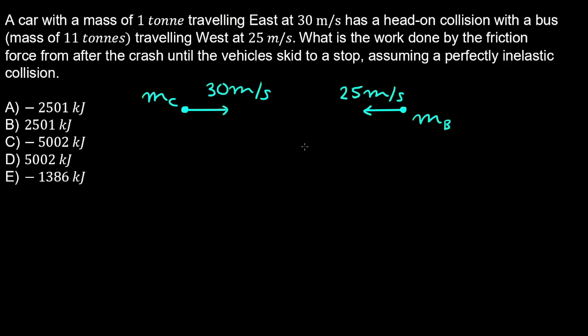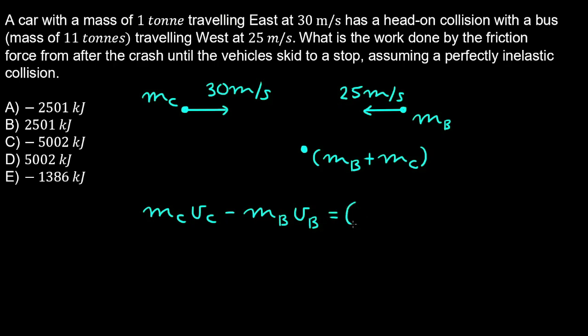So after the collision, the car and bus stick together and move off at the same velocity. And this velocity is obtained using a conservation of momentum. So we have the mass of the car by the velocity of the car plus the mass of the bus by the velocity of the bus, which will give a momentum vector pointing in the opposite direction.